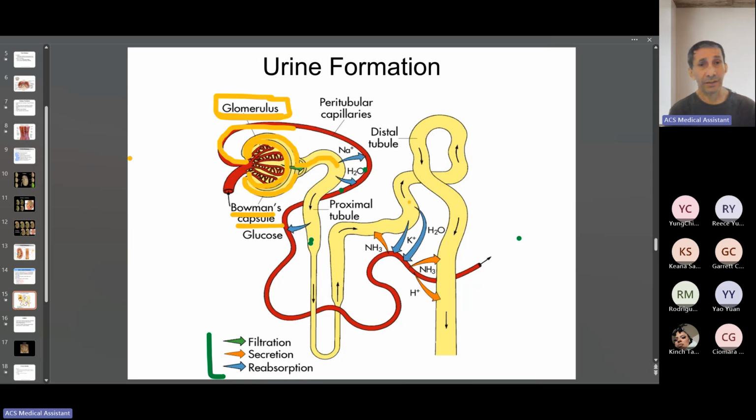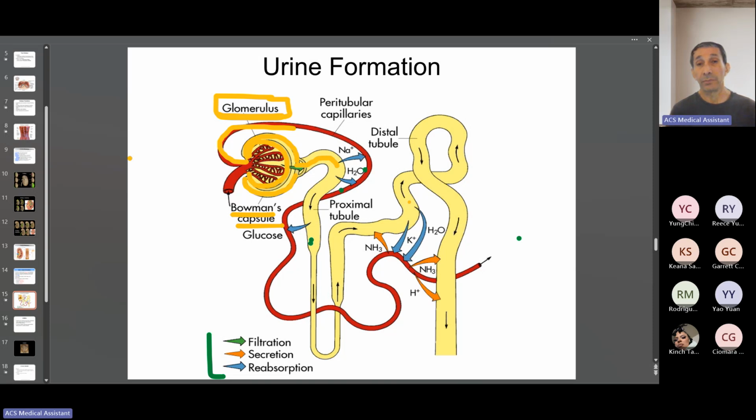Isn't the filter supposed to be retaining all these large particles? Well, not always. The filters are not perfect. The filters are like anything else. They get damaged. So they might allow things to pass that are not supposed to be passing.